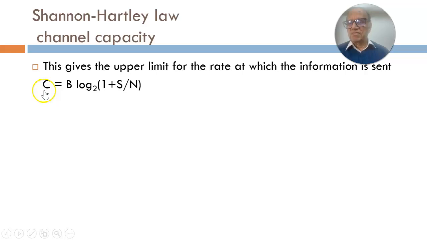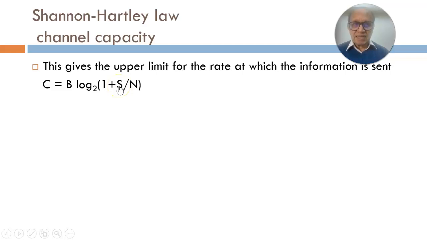And what are these various variables? What do they mean? B is the bandwidth. S by N is the signal to noise ratio at the receiver. So you can imagine that the information rate can be controlled by two factors. One is the bandwidth. If you increase the bandwidth, then the channel capacity increases.